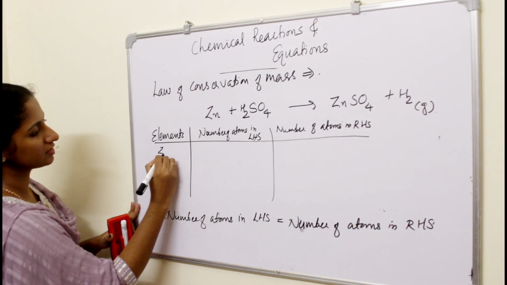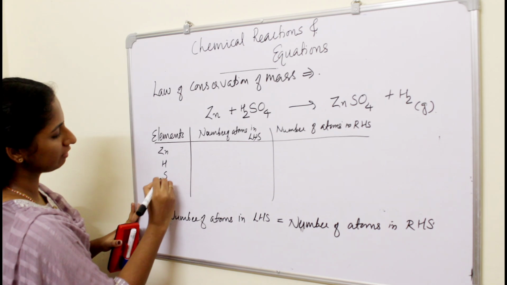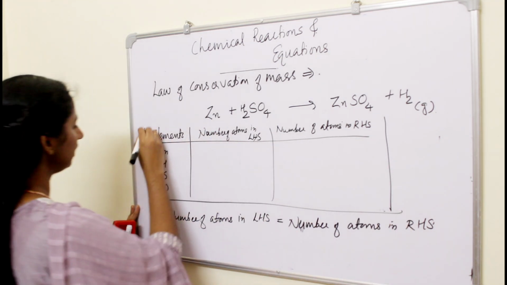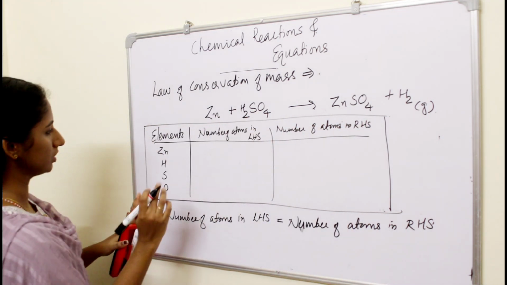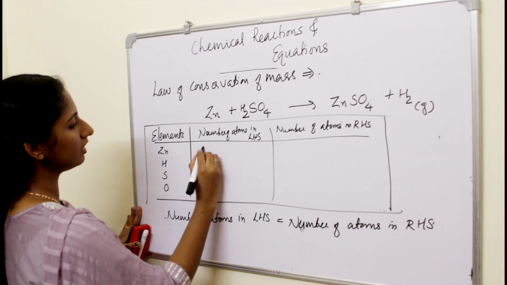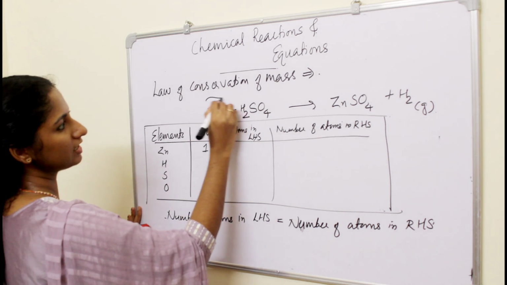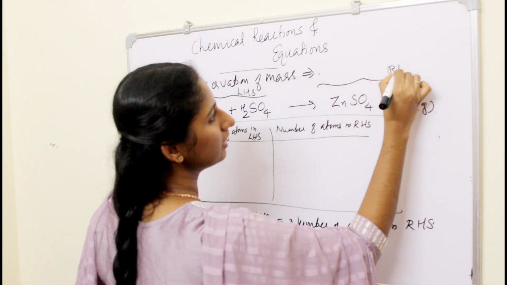So we are taking zinc. How many elements are there? Zinc, hydrogen, sulfur and oxygen. These are the elements present within this single chemical reaction, right? Zinc, hydrogen, sulfur and oxygen. Okay. So when we are taking zinc, number of atoms of zinc in left hand side. This is left hand side. This is right hand side.